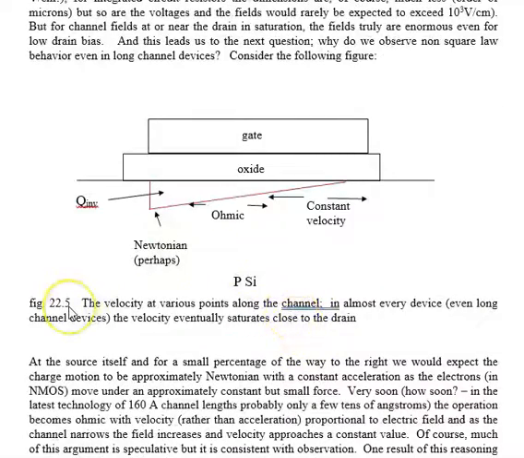This figure, 22.5, kind of sums up the different regions. This probably should be pushed over a little bit. This point here really should be at the source.